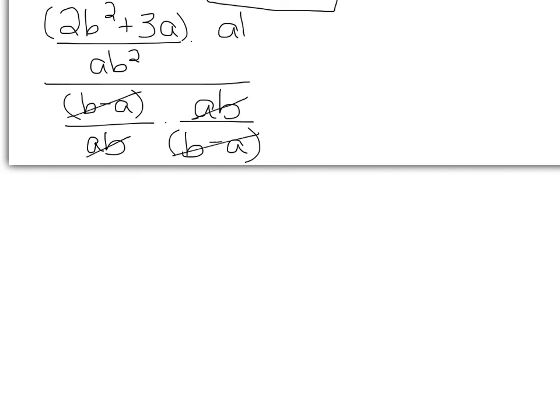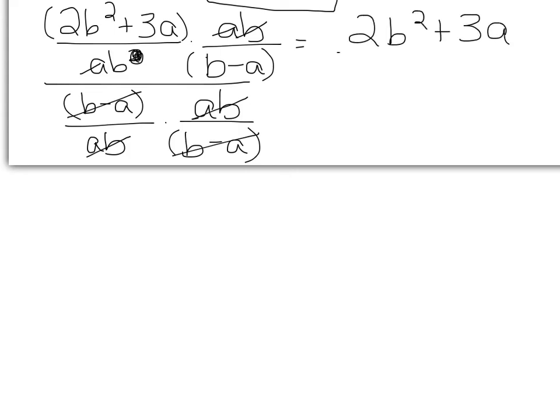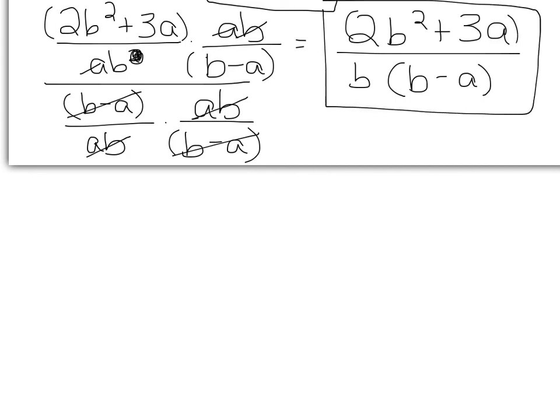But you also have to do it times the numerator. So this a and this a cancel. This b cancels one of these b's. So you're left with 2b squared plus 3a over b times b minus a. That cannot be simplified any further, so that is your answer.